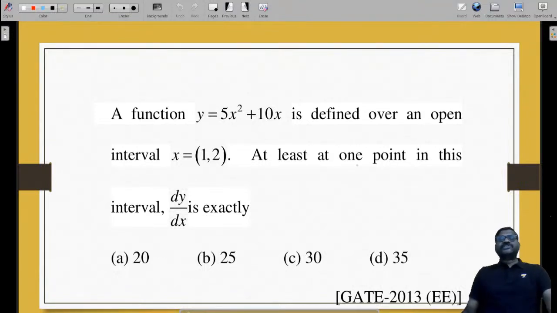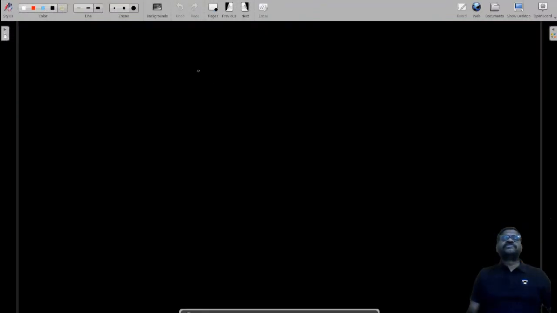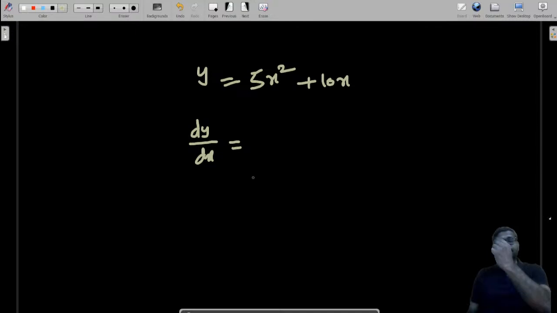A function y is equal to 5x square plus 10x is defined over the open interval (1, 2). At least at one point in this interval, dy by dx is exactly? See, it is a problem on Lagrange's mean value theorem. y is 5x square plus 10x. Because it is a polynomial, it is continuous as well as differentiable.